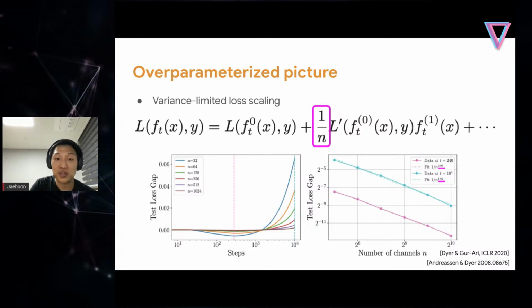Moreover, one can incorporate systematic expansions that capture the finite width effects, and this leads to the scaling of the loss towards the infinite width limit loss. If you analyze it, it's predicted to scale as 1 over width, which can be empirically verified. So here we see that due to the variance reduction as you increase the width, the test loss approaches the infinite width loss with scaling exponent 1 as a function of width.